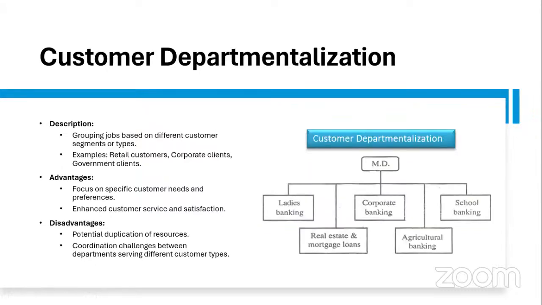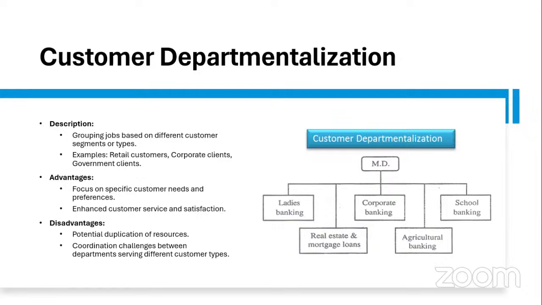Customer departmentalization. Here your departments are grouped by the kind of customers the organization serves. So grouping jobs based on different customer segments or types, examples: retail customers, corporate clients, government clients. Advantages: focus on specific customer needs and preferences, enhanced customer service and satisfaction.